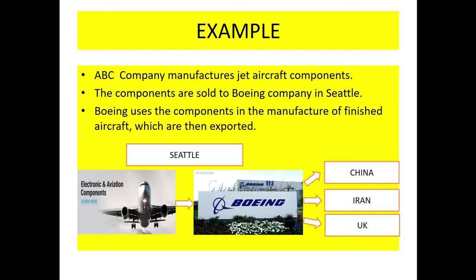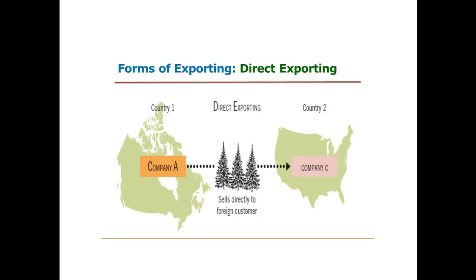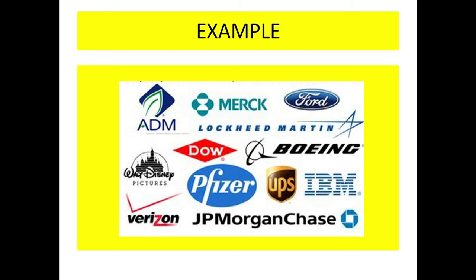Okay, and then Boeing would sell or use the components in its manufacturing, and then of course sell the products to other countries. And then direct exporting, so the company directly exports their product to other countries.